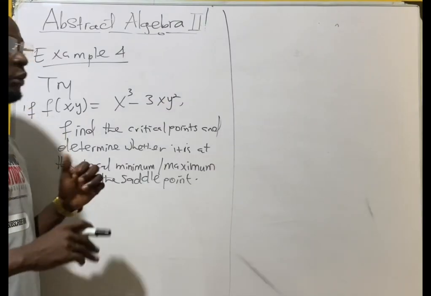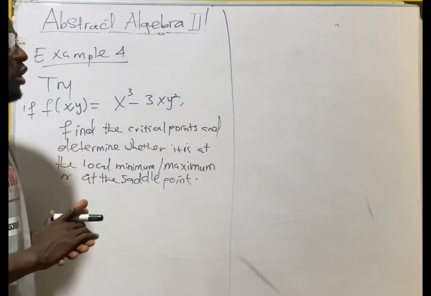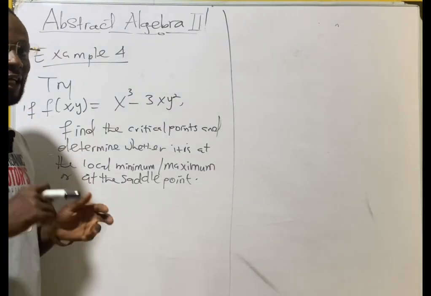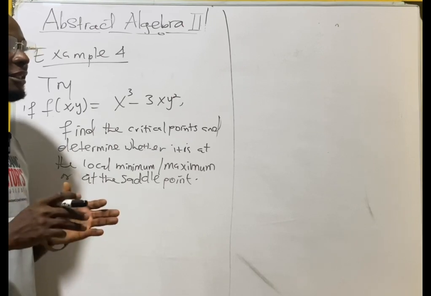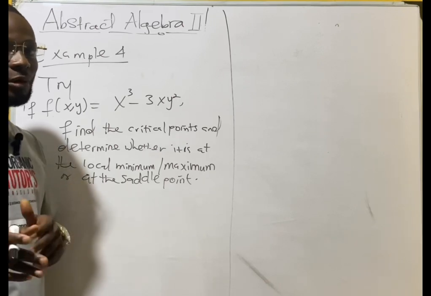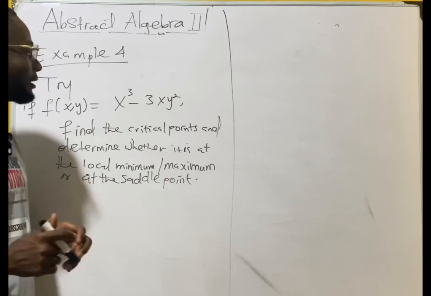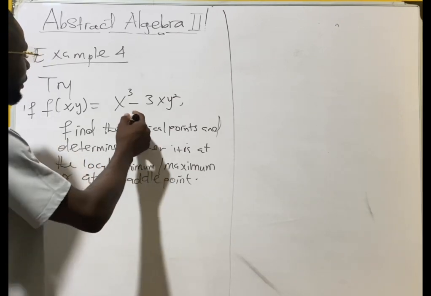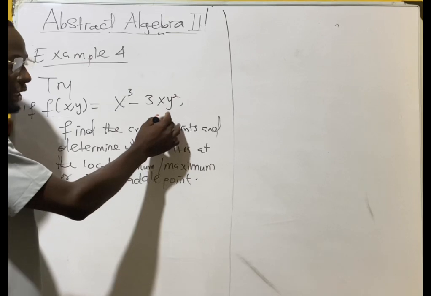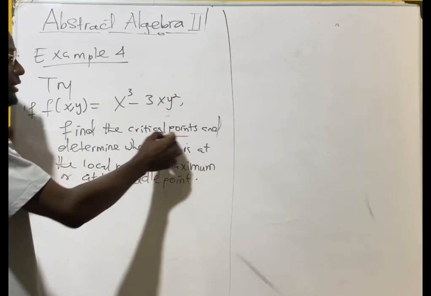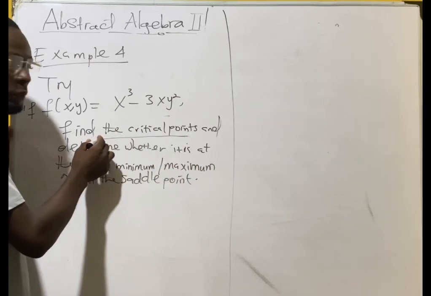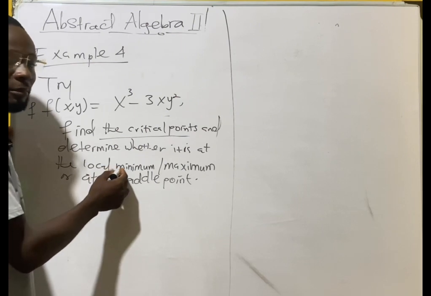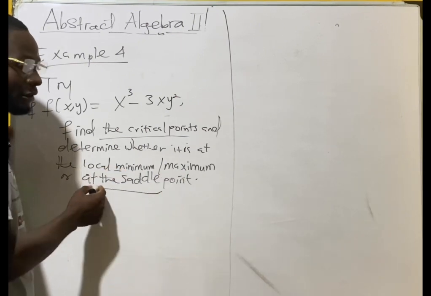Okay, so the last example on how we can determine the critical point and determine whether it's at the local minimum, maximum, or saddle point. I want to leave this example with you. You know, we have this function, okay, and we want to determine the critical point and determine whether it is at the local minimum, maximum, or the saddle point.